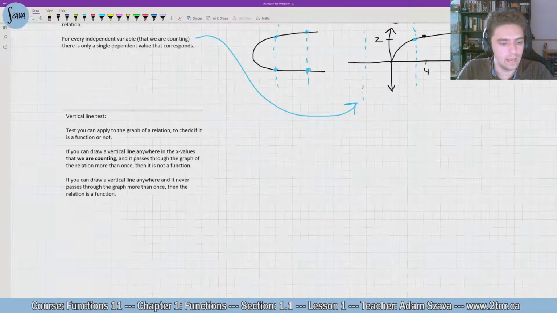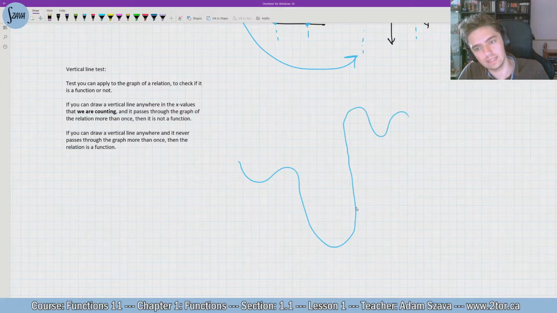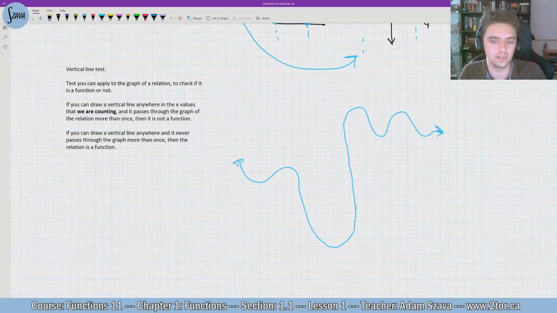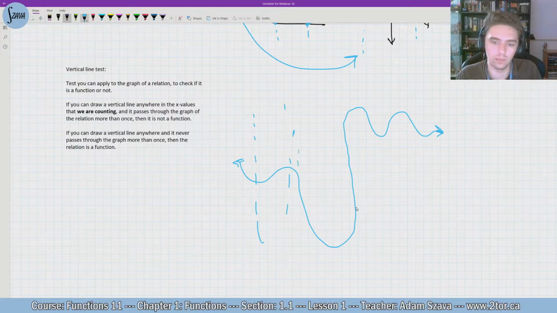Okay, and now let's go for some a little bit more abstract graphs that I can't really do on Desmos. What if I had something like this, right? What if I did something like that and like this? Okay, so let's say it just goes straight horizontally forever in each direction. Is this a function or not? If this was the graph of some relation, is it a function? Well, ask yourself, can I draw a vertical line anywhere and it passes through the graph only once?